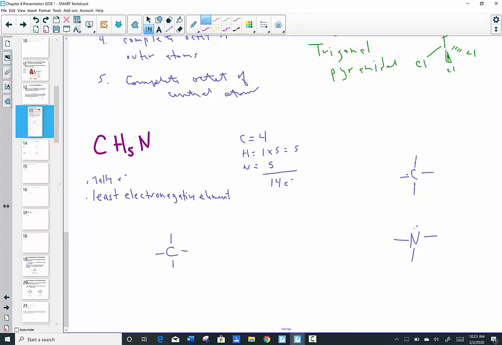And hydrogens are always attached at the end to fill octets. It's only allowed 1 bond. So that's what I'm thinking about as I decide how to connect my atoms together. It makes no sense to put a hydrogen in the center because it cannot have two bonds. So it can only go on the outsides of the structure.